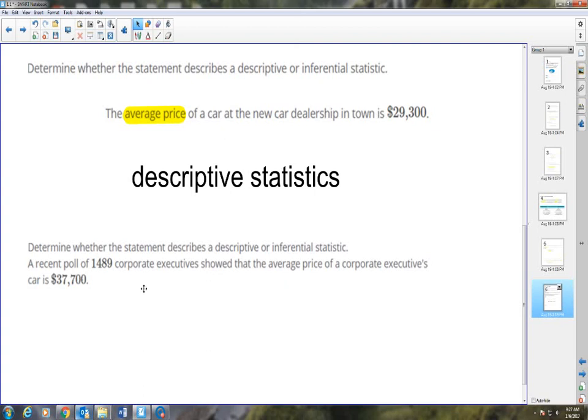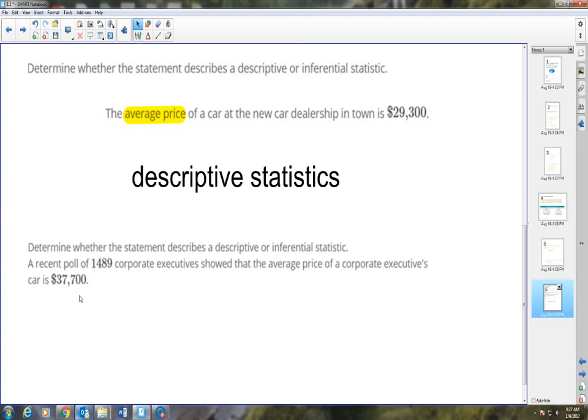So they are using the descriptive sample result to extend it to the entire population. This $37,000 becomes an extension to the population.